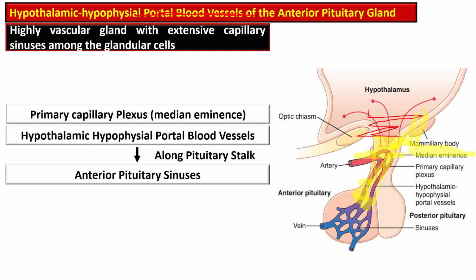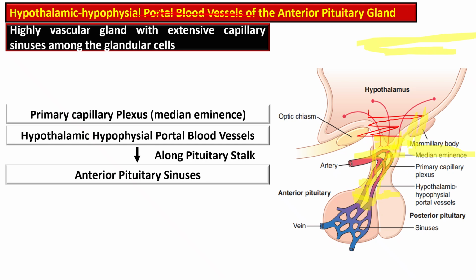The hypothalamic hypophyseal portal vessels are specialized blood vessels carrying releasing or inhibitory hormones from the hypothalamus to the anterior pituitary. Then the capillary sinuses in the anterior pituitary are the destination of the portal blood, and these surround the hormone-secreting cells.